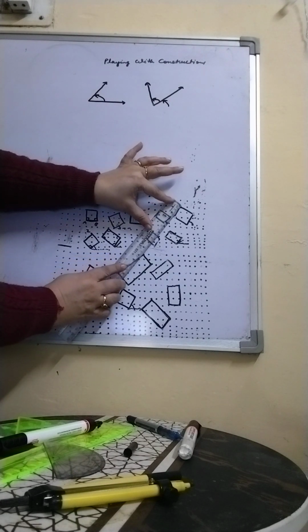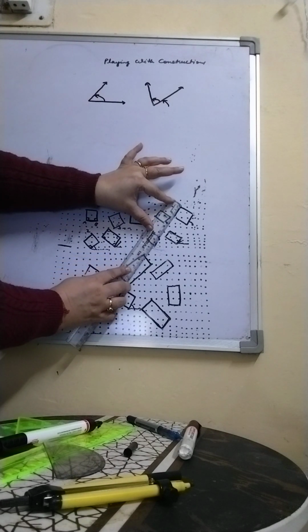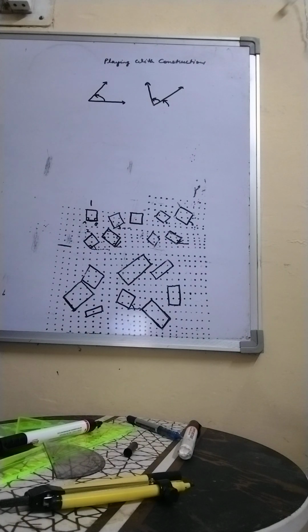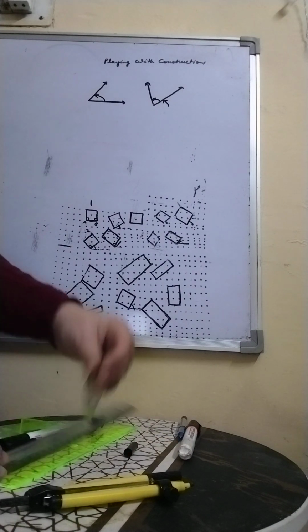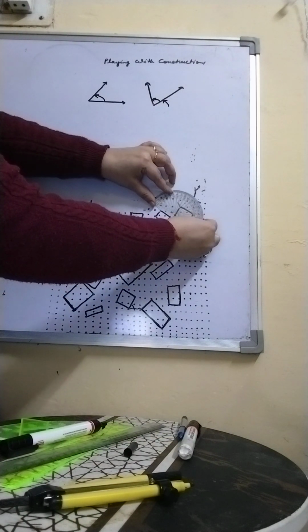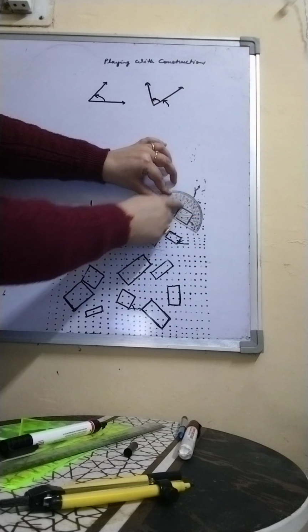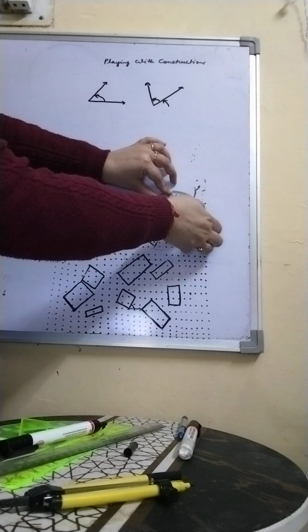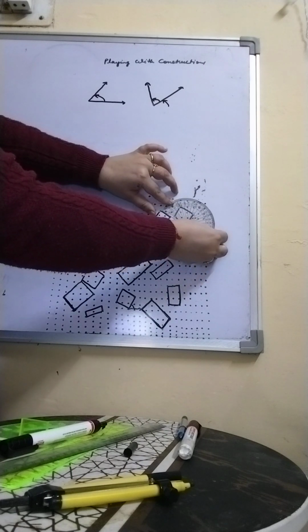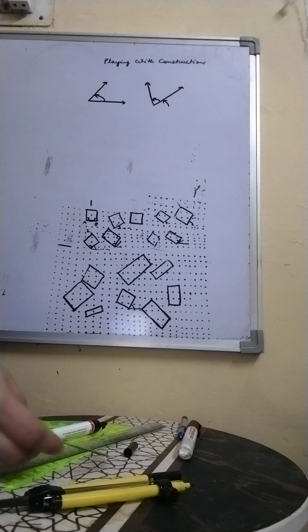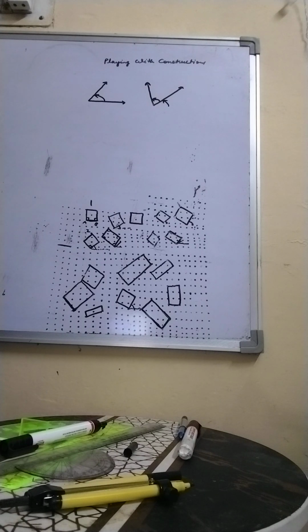This is just a bit, and this is 2.3. So sides of the square are equal. Now we measure the 90 degree angle. So you would get a 90 degree angle here. So the 90 degree angle condition is also satisfied and the squares are equal.